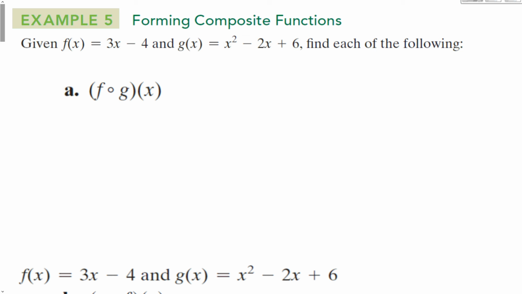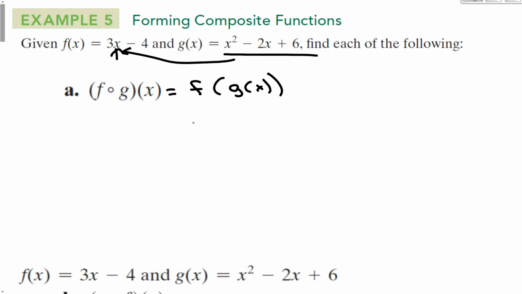Okay. So let's first take f of g of x. So remember, that means f of g of x. So g of x is going into f of x. Basically, we're saying that instead of x, my new input becomes g of x. So it's 3 times g of x minus 4. Well, g of x is a whole function.